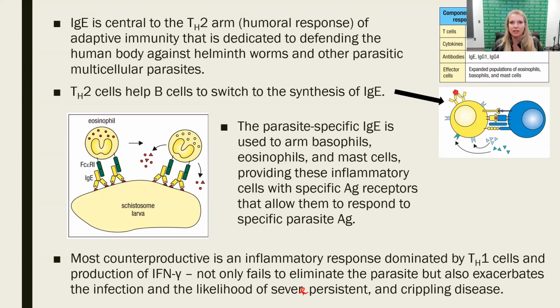I did not do a very good job editing my PowerPoint. Anyway, so T helper 1 would actually exacerbate the destruction of tissue and not even clear the parasite anyways. So it is a much better approach for the body to drive a T helper 2 response for parasites. And these are going to be cytokines like IL-4, IL-5.